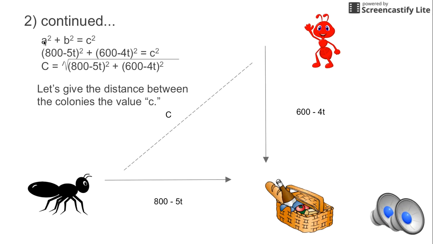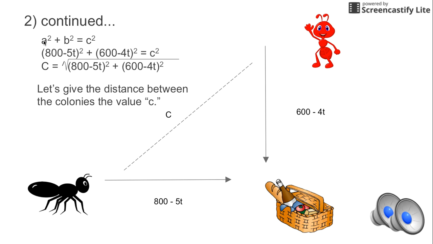The Pythagorean theorem is modeled by the function a squared plus b squared equals c squared. A and b, we can give the values that we have for the distances between the colonies and the food. And c, we will give the value of the distance between the colonies. So if we put in our values for these terms, we get the function (800 minus 5t) squared plus (600 minus 4t) squared is equal to c squared.